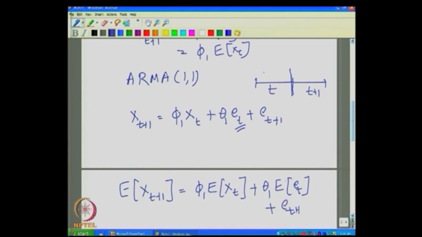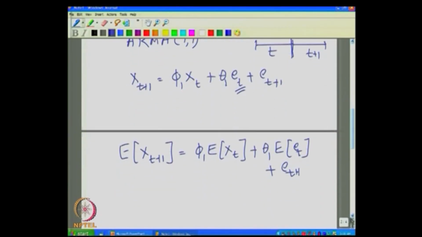For example, we may be talking about an expected value of 5 units and therefore, this becomes E t itself. So, I will write this as x t plus 1 cap is equal to phi 1 expected value of x t plus theta 1 E t plus expected value of E t plus 1, which is 0.